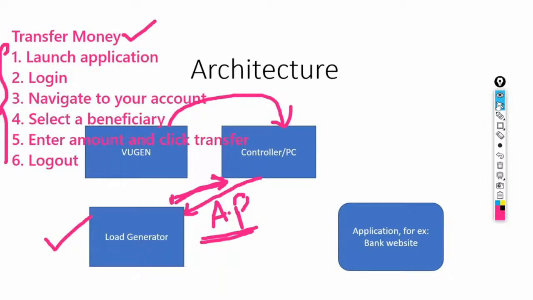On the left hand side, you have the solution explorer where you have different options. You have actions, where you record the entire script. Then you have the global.h file where you declare global variables. Then you have runtime settings, which support the execution. Then you have parameters, which support test data input.